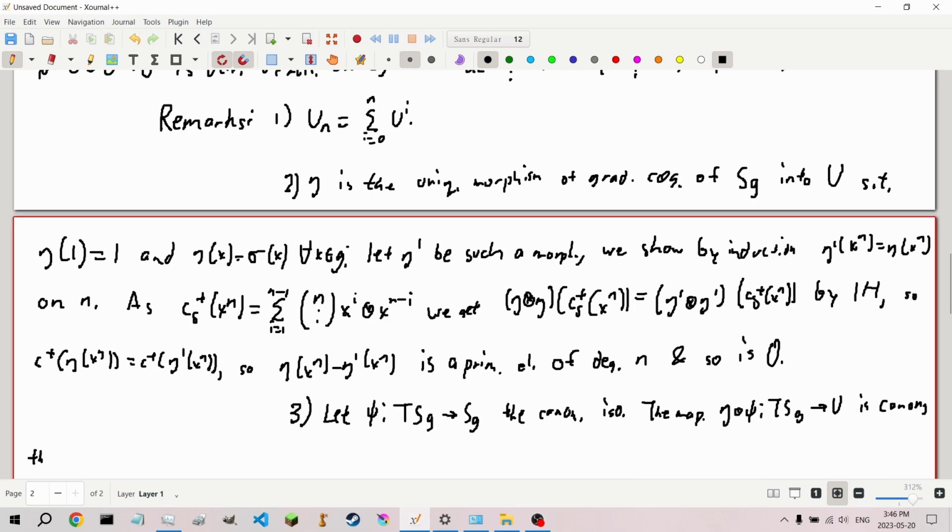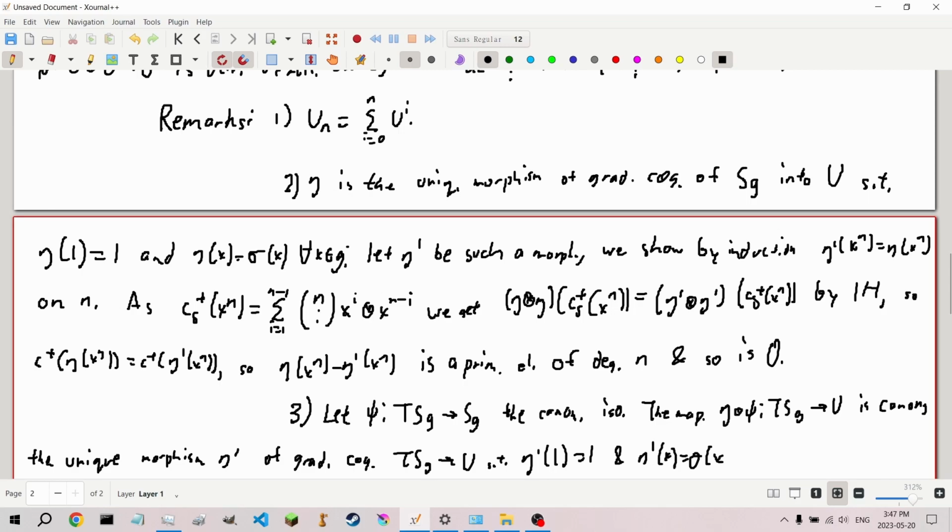It is the unique morphism, which we're going to call eta prime, of graded cogebras from Ts of G into U such that eta prime of 1 is 1 and eta prime of x is sigma x for all x in G.